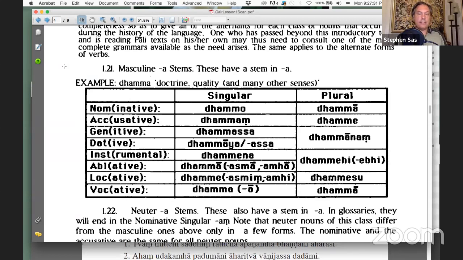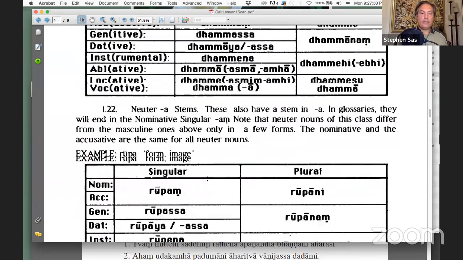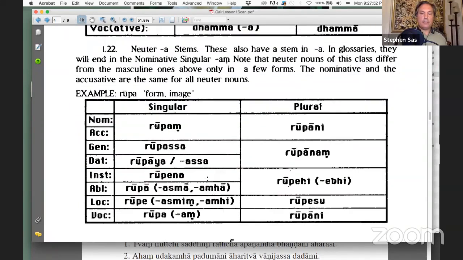So as I have said before in this class, the word Dhamma is not a word that one can just choose a single translation word and be done with it. It's a word that has lots of meanings, which has to be translated on a need-specific basis. And we have our neuters, which we've had already too.